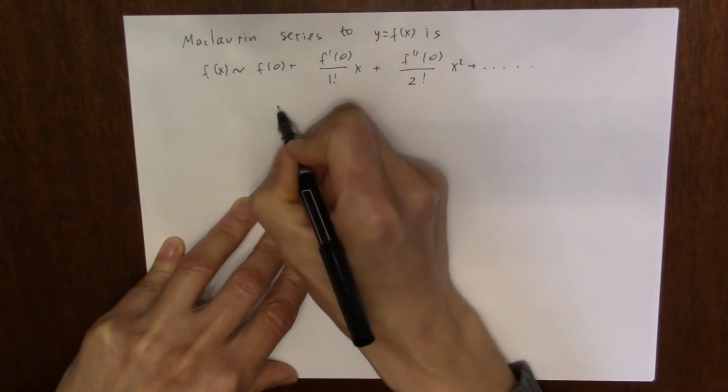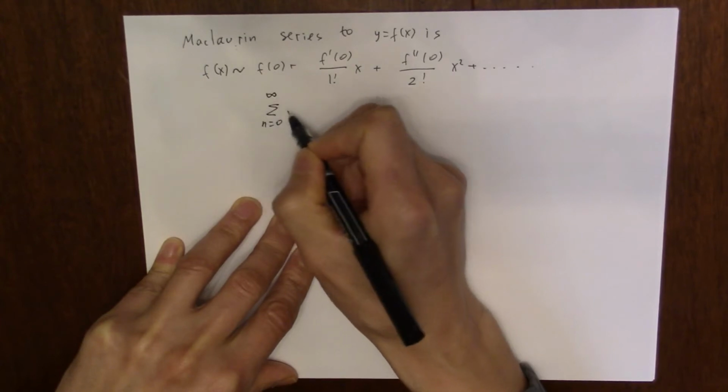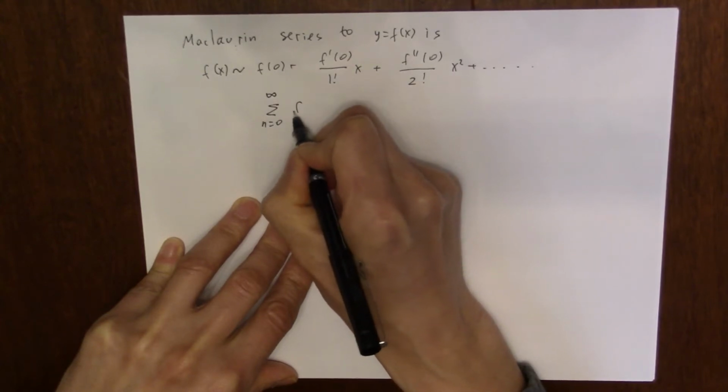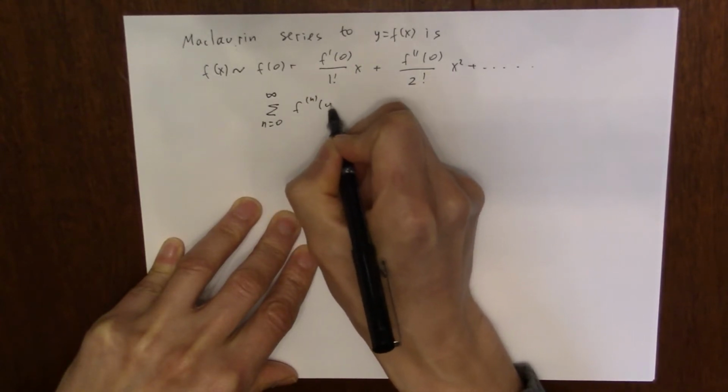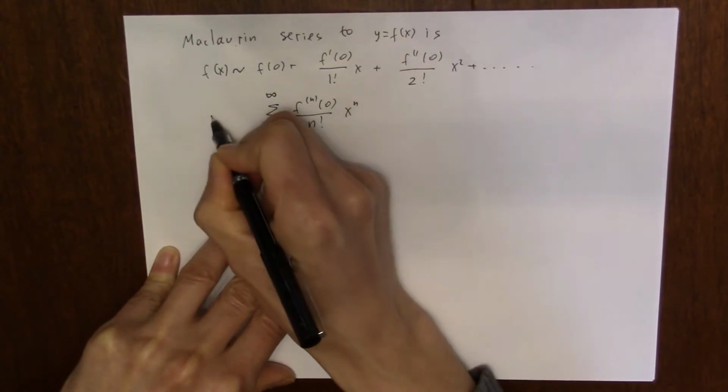We're using sigma notation, from 0 to infinity, nth derivative at 0 over n factorial times x to the n.